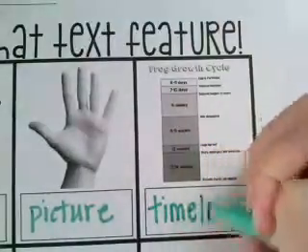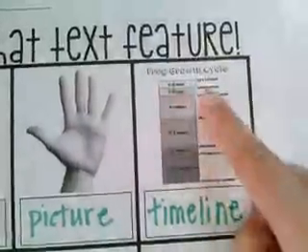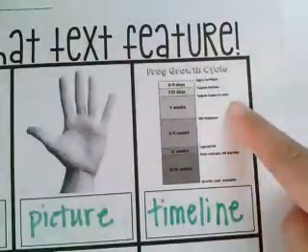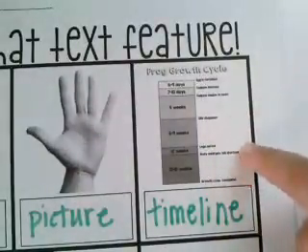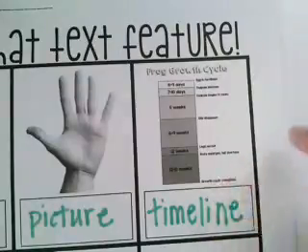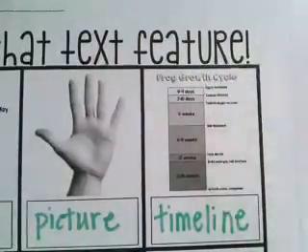A timeline of the frog growth cycle. So from 6 to 9 days, the egg is fertilized, tadpole hatches, the tadpole begins to swim, gills disappear, legs sprout, body enlarges, the tail shortens, and then the growth cycle is completed, and it's a frog. So this is a timeline. These are often in nonfiction books to show time, something over time, a long period of time, or even a short period of time.